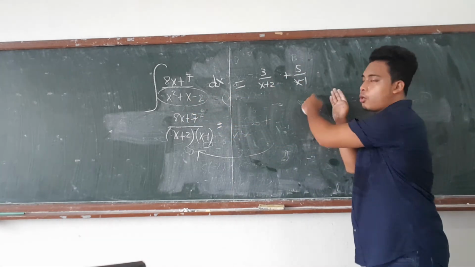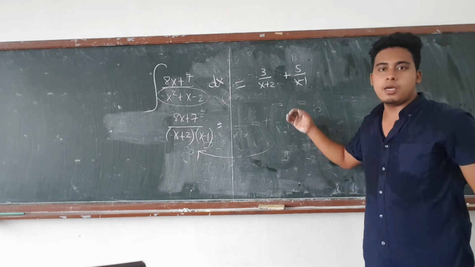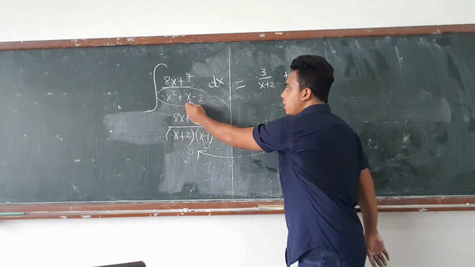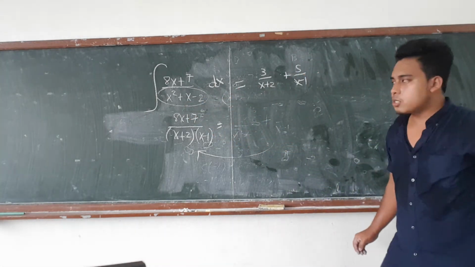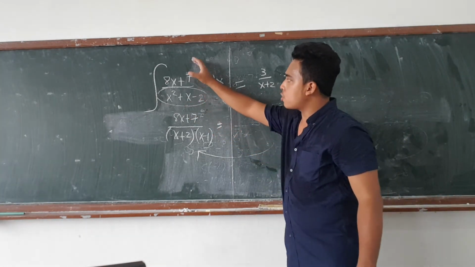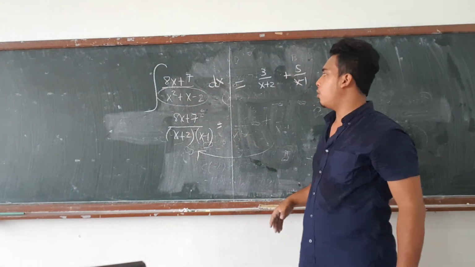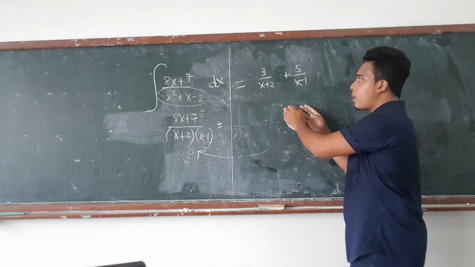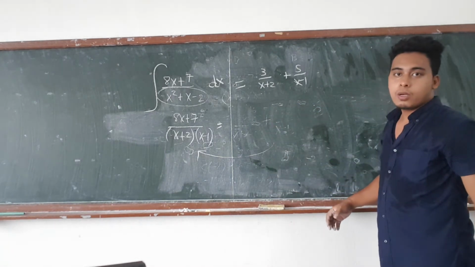Earlier, we did the partial fraction. Since it is difficult to integrate because of the rational expression, we turn it into simple fractions so that we can integrate directly.